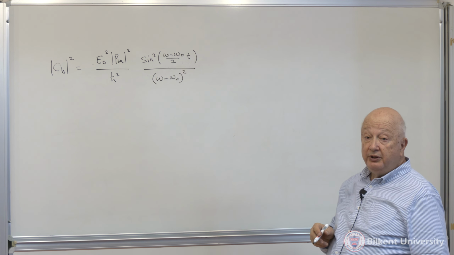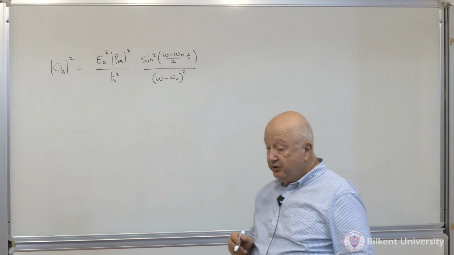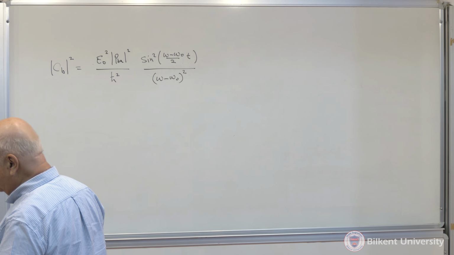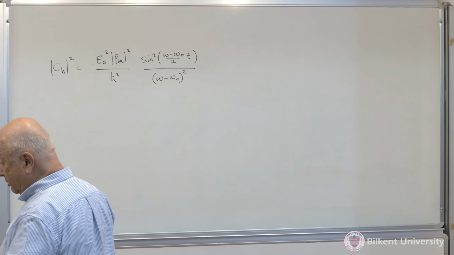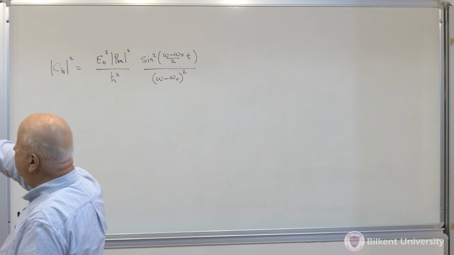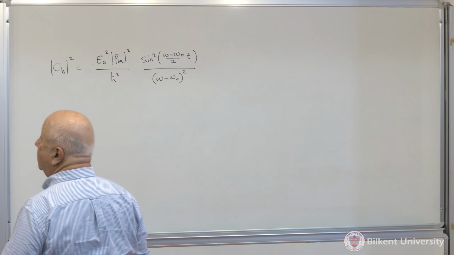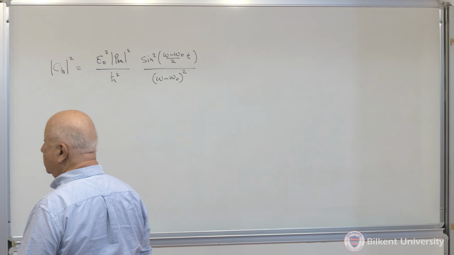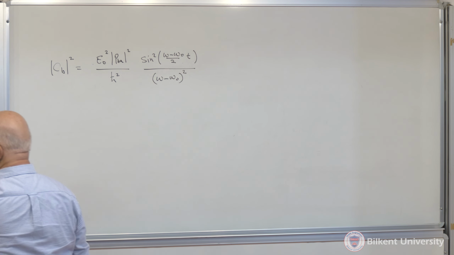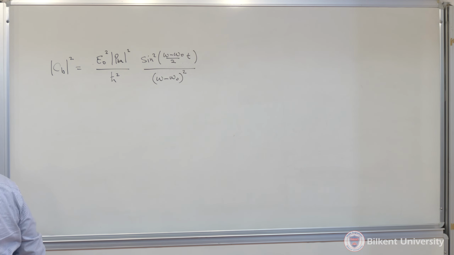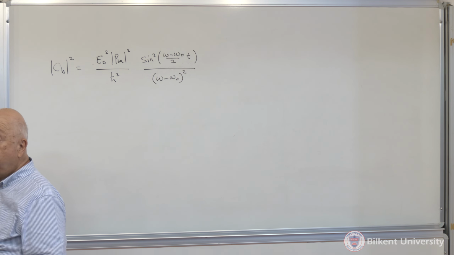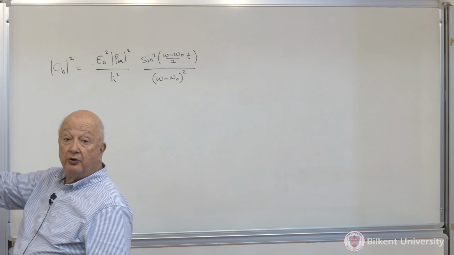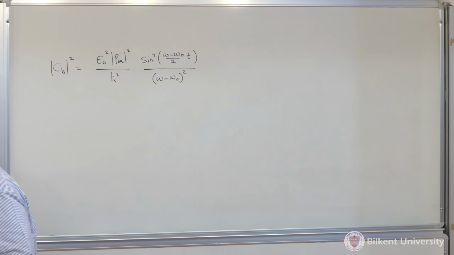Now you see we get something which is very similar to what we had over there. This object is oscillating with omega r, and omega r is right over here. So there is some difference between omega r and omega minus omega 0. The difference is this term.